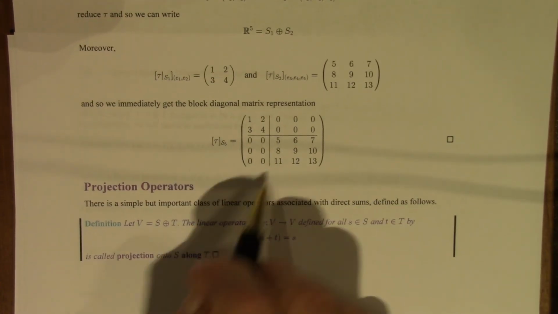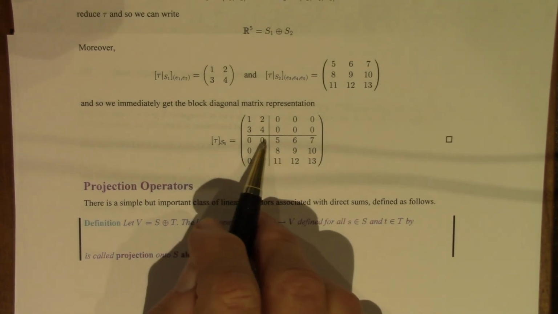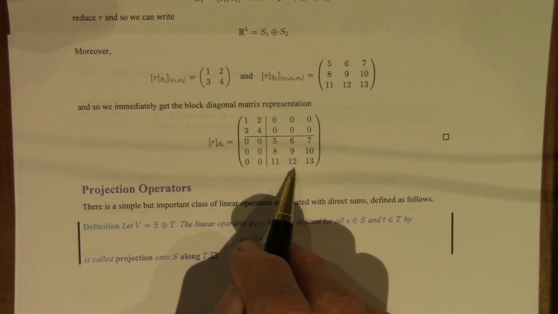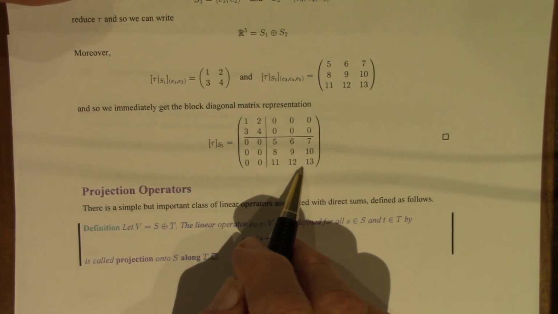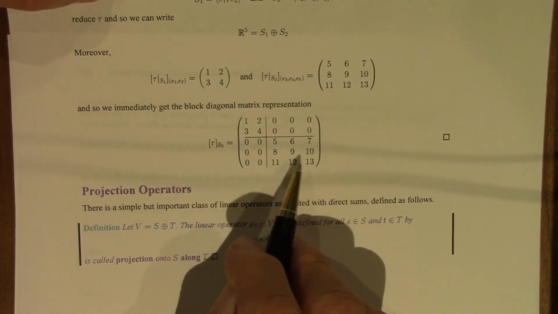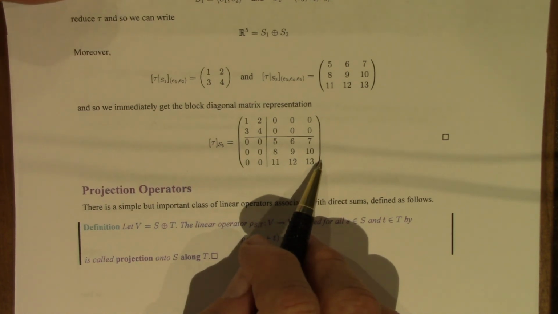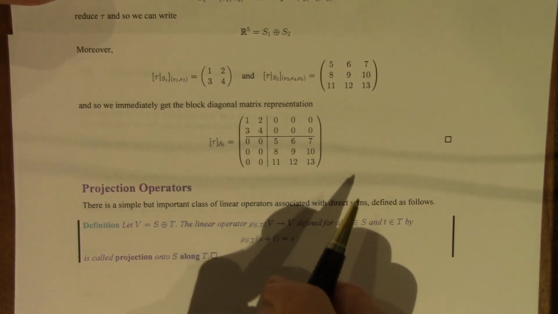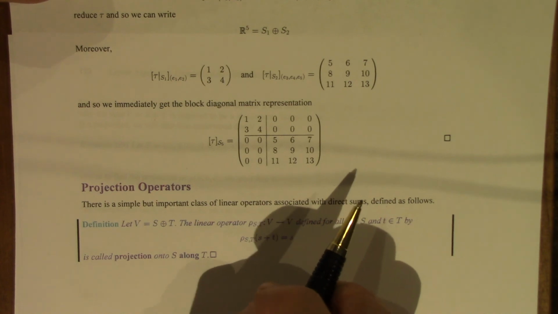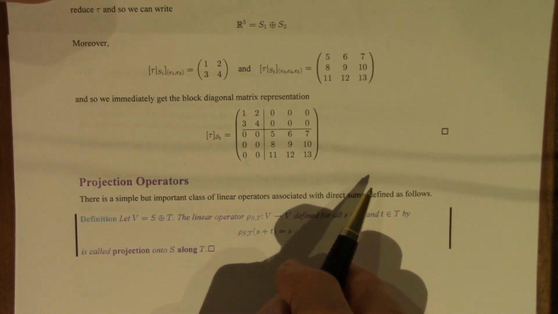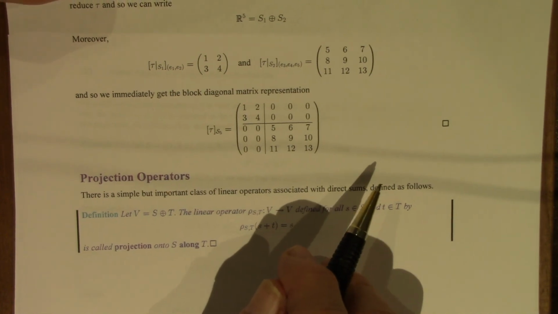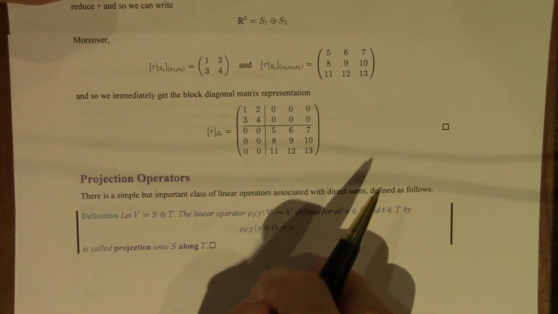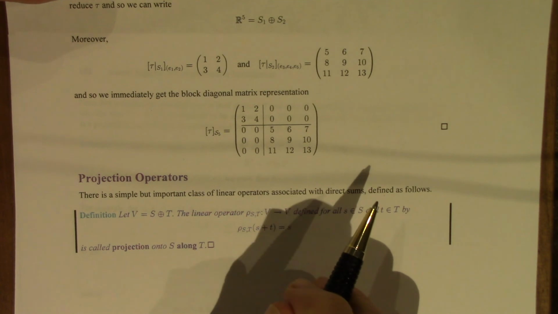And so you can see from this that we have achieved at least some semblance of simplicity. What does it mean to say we have a simple matrix representation? Well, there are some obvious cases. If the matrix is diagonal, that's pretty simple. If it's upper triangular, it's better than nothing, and quite a bit better than nothing.